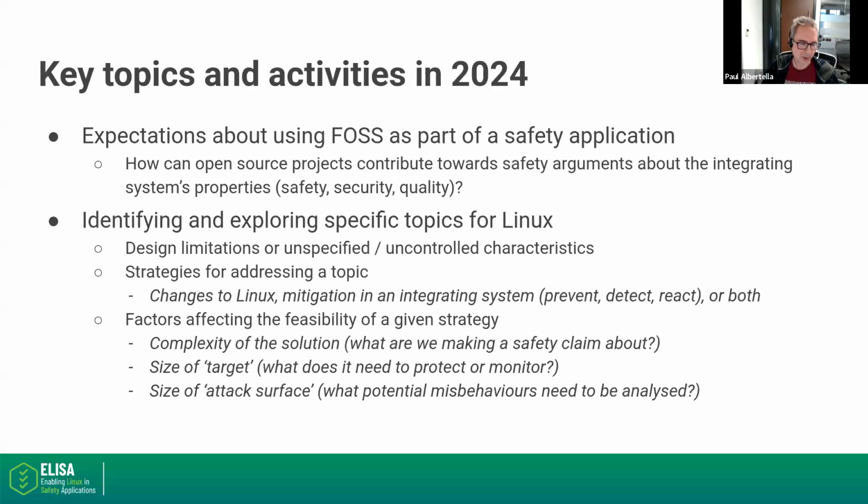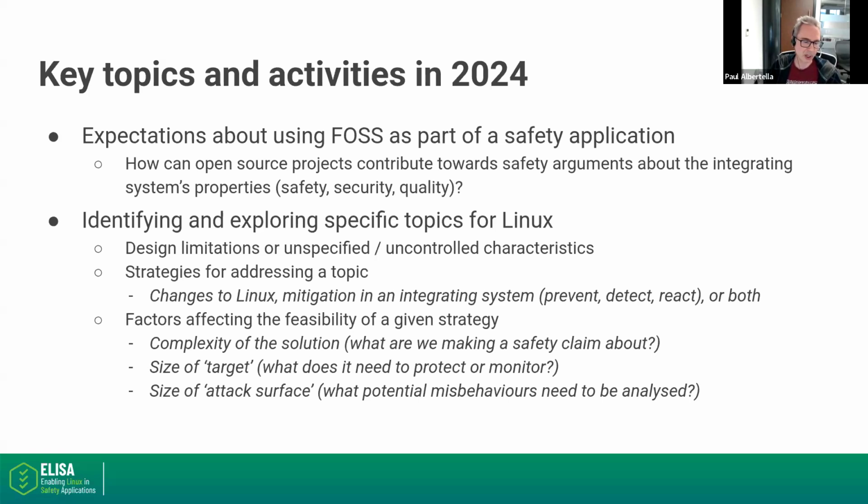So to talk about what we've been focusing on in the past year, one of them was the idea of how exactly open source projects contribute towards safety arguments. If you're wanting to use some open source software in your safety related system, what is it that you can benefit from that comes from an open source project?